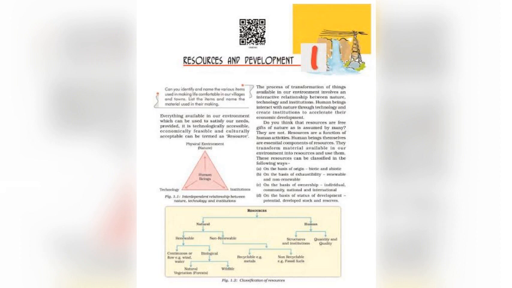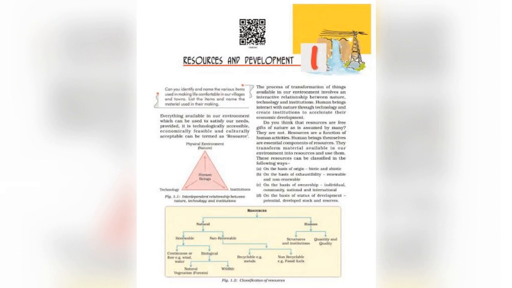B. Land under miscellaneous tree groves not included in net sown area. C. Cultivable wasteland left uncultivated for more than 5 agricultural years.